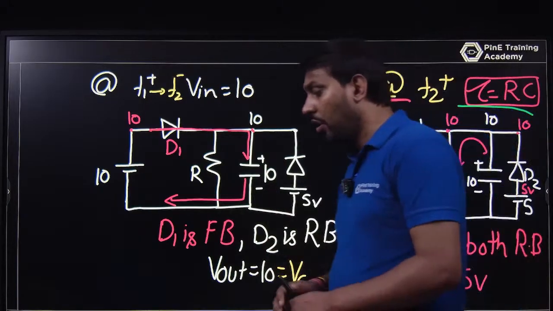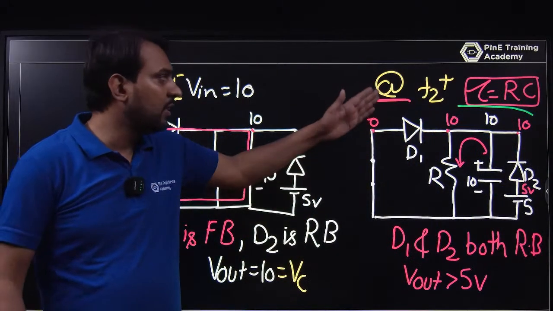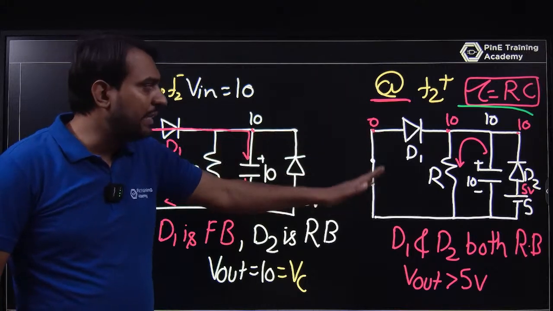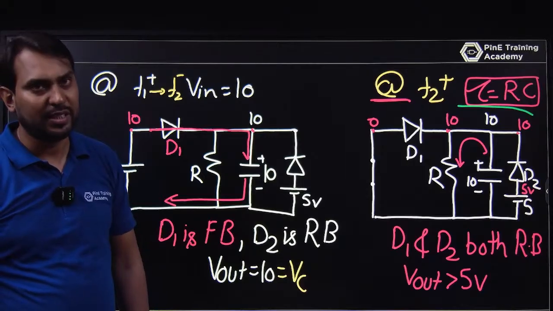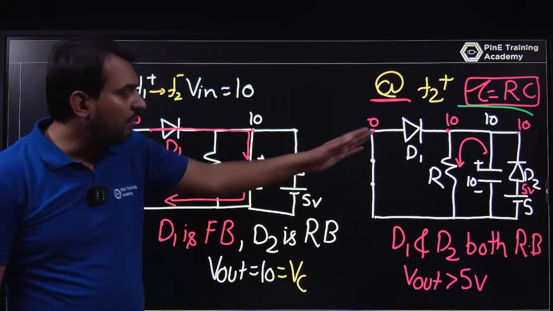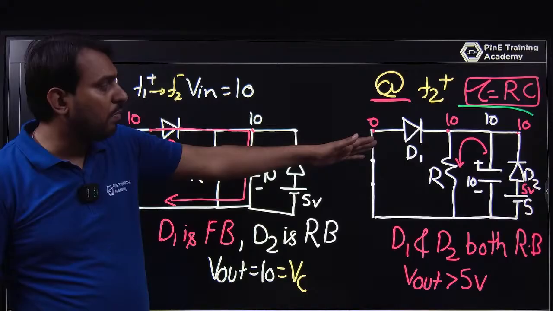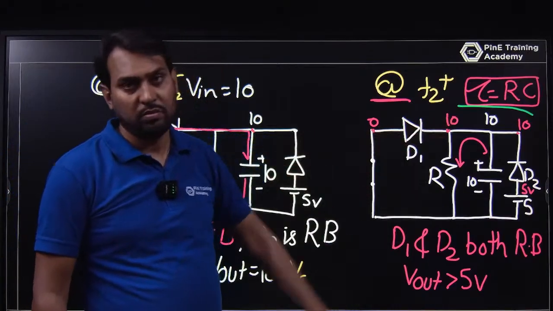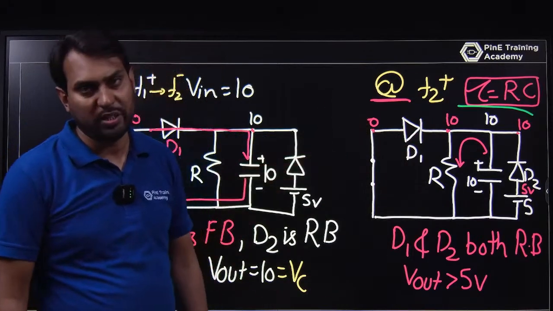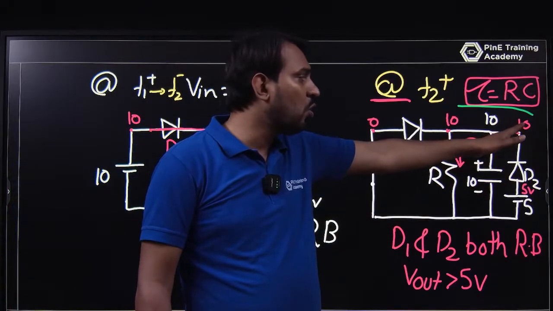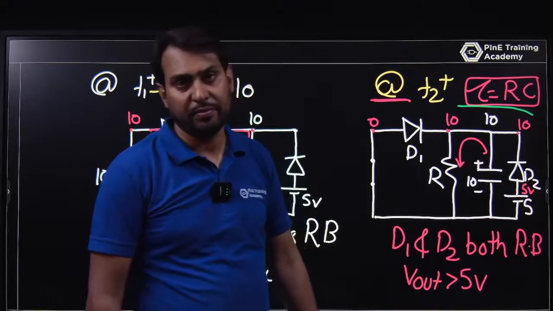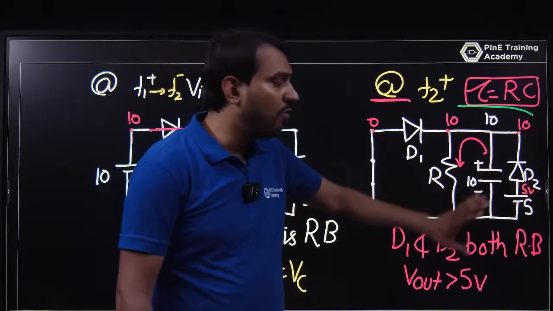But at T2 plus, D1 and D2 remain reverse biased. For D1 to be forward biased, the node voltage would have to be less than 0, because this node voltage is always 0. For D2 to be forward biased, this node voltage should be less than 5. Then only it will be forward biased.